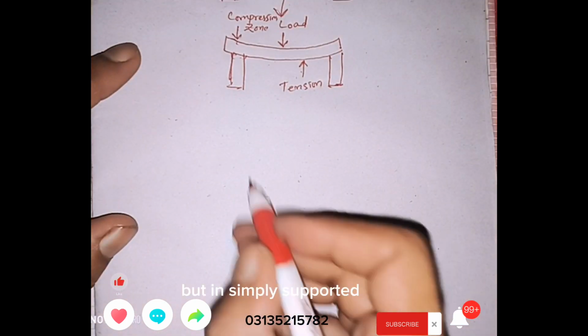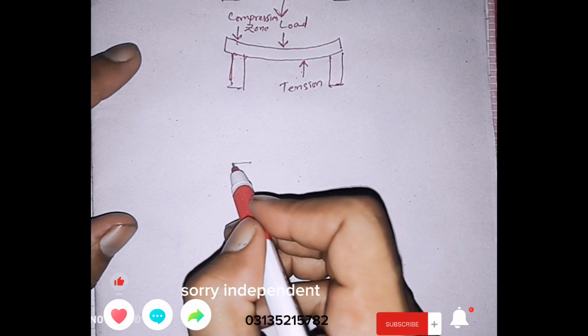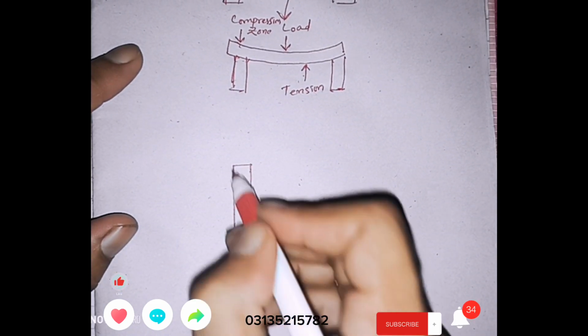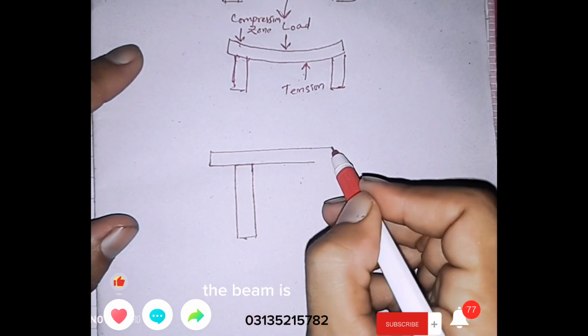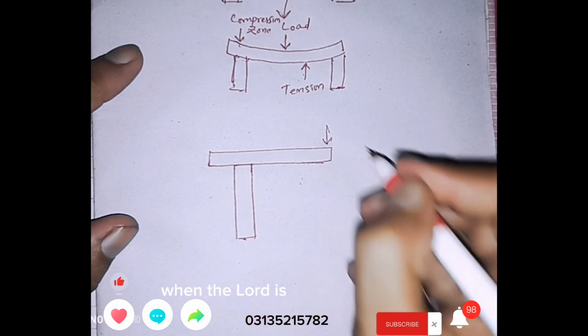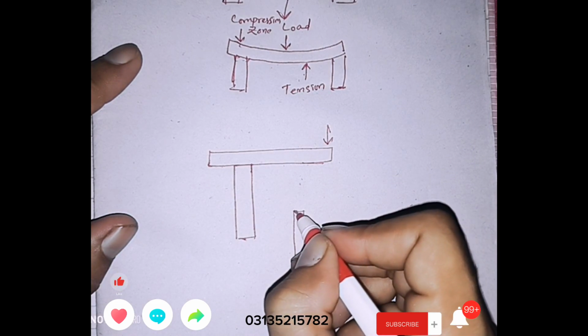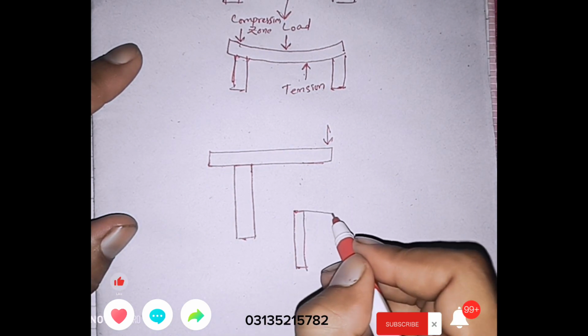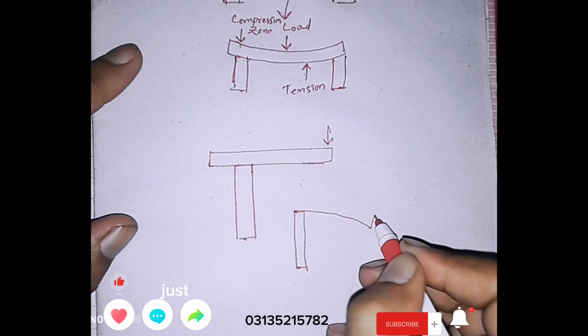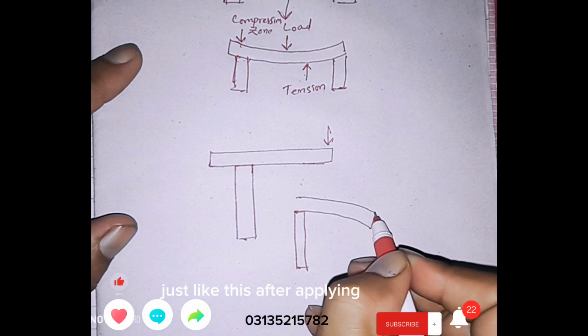But in a cantilever beam, the beam is just like this. When the load is applied, it becomes just like this after applying the load.